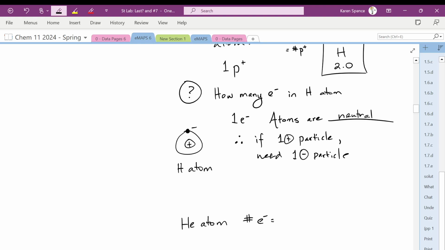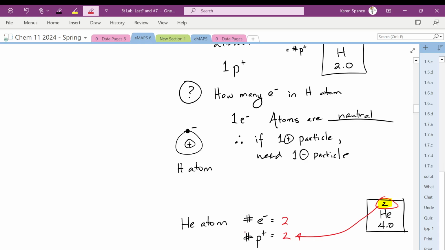How many protons? 2. How did you know that? Because the atomic number is 2. And that means our electrons have to be 2, because these 2 are equal to each other.